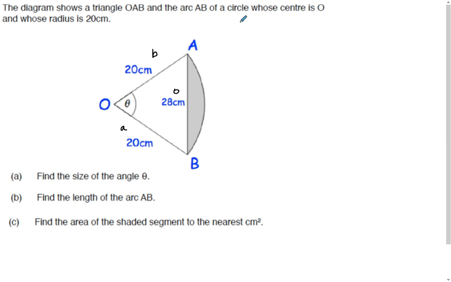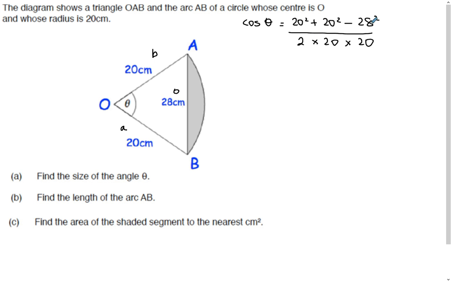Now I hope you know your cosine rule, because it's cos theta equals a squared plus b squared minus o squared. So you're taking away the side of the angle that you're looking for. So you're going 20 squared plus 20 squared minus 28 squared, divided by 2 times 20 times 20.